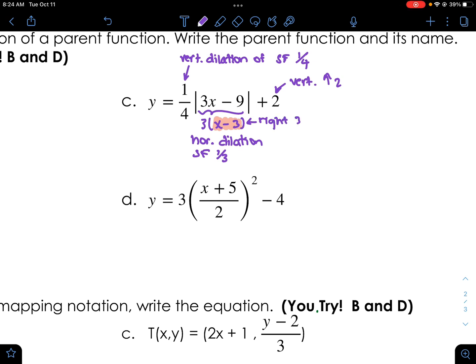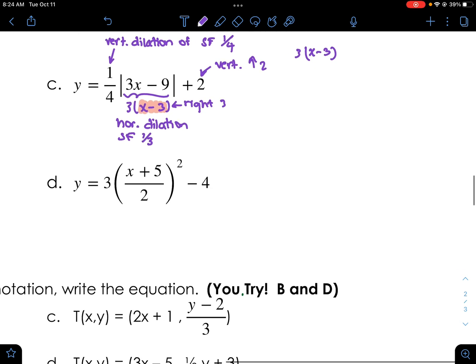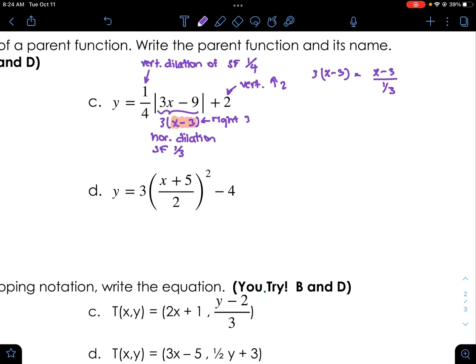And again, what we see here is this 3 times x minus 3 could be rewritten as x minus 3 divided by 1/3. And when you divide by a fraction, you're actually multiplying by the reciprocal.